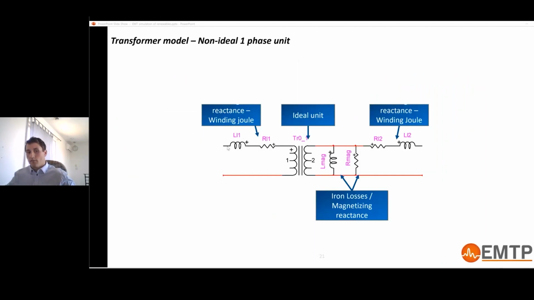Because for a high frequency, you have this inductance, which is kind of big. It will behave as an open circuit. So when you do switching lightning, the voltage will not really change during the time frame of the study, which is less than a cycle. So it's not so important anymore. But if you do an energization, then it's important. So energization, it's also a switching, right?